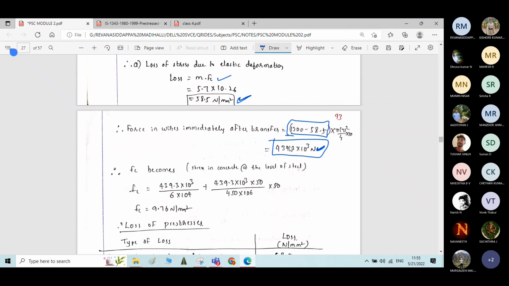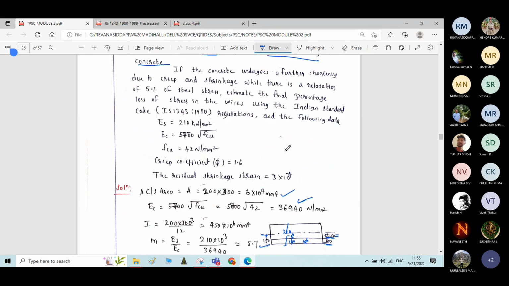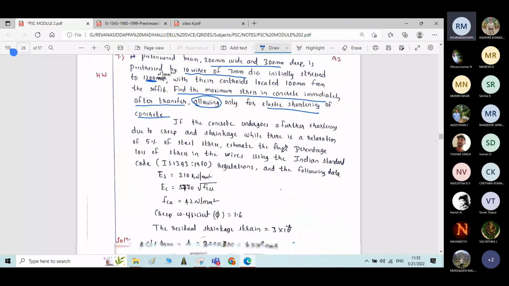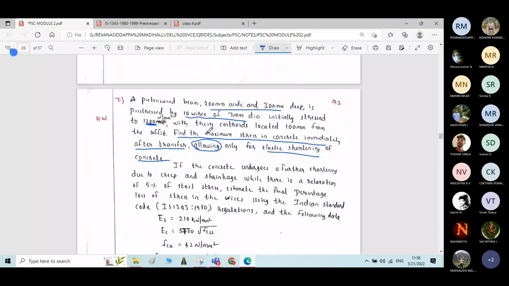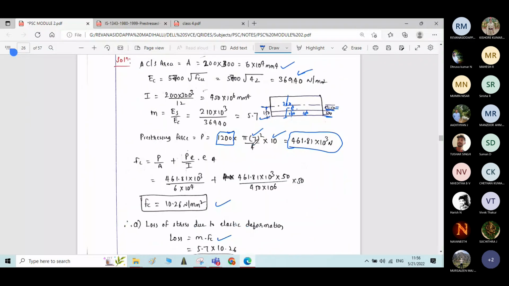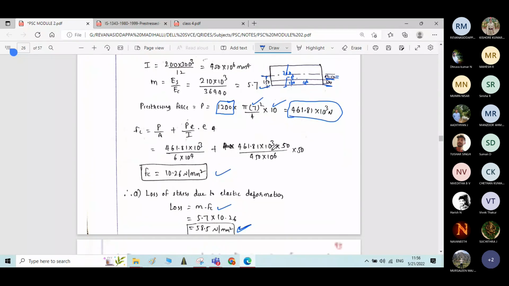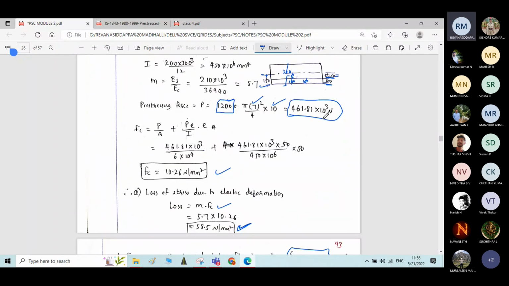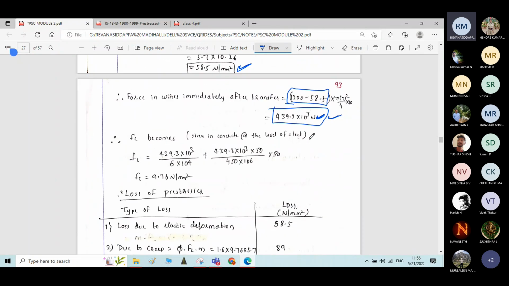Now for the next calculations, you need to take this as the initial pre-stressing force, not the 500. The initial pre-stressing force we had earlier, from 1200, is 461.81 into 10 power 3 Newton. This you should not consider for further calculations.